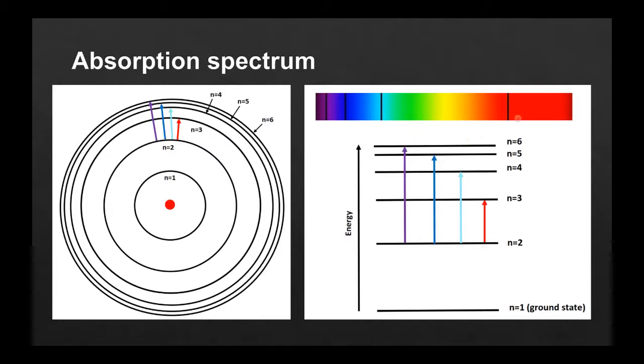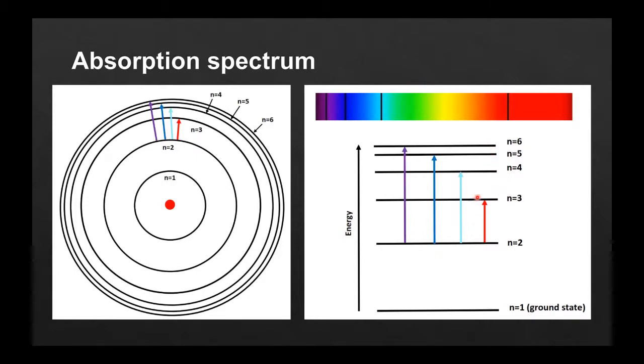Below our absorption spectrum, we have the energy levels of the atom from n equals 1 to n equals 6. And as you can see, the colored arrows on the diagram correspond to the colors that are missing from the absorption spectrum. As we mentioned earlier, electrons can transition between energy levels if they absorb discrete amounts of energy.